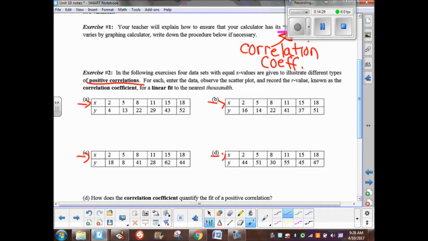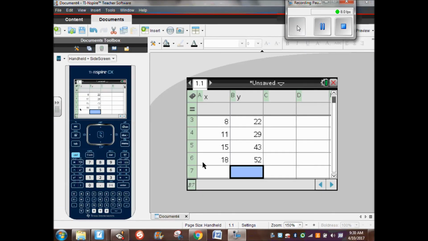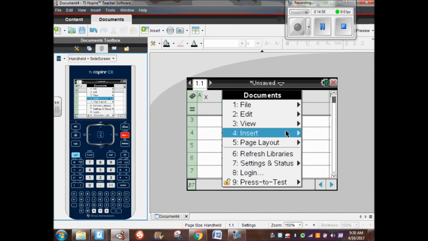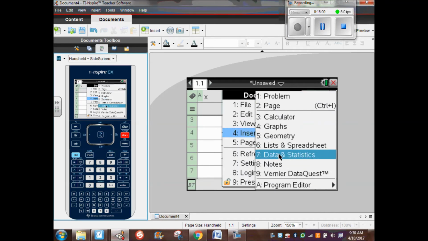For each, enter the data, observe the scatter plot, and record the R value, known as the correlation coefficient, for a linear fit, to the nearest 1,000. All right, so let's just deal with A right now. So everybody go ahead and enter A into your list and spreadsheet. Okay, so once we've got that entered, let's look at the scatter plot.